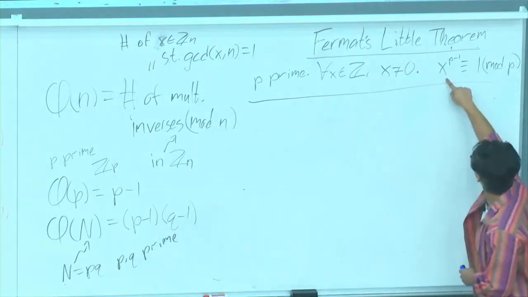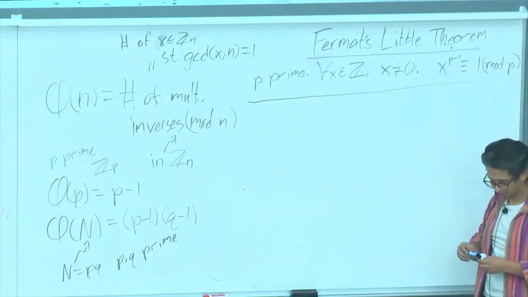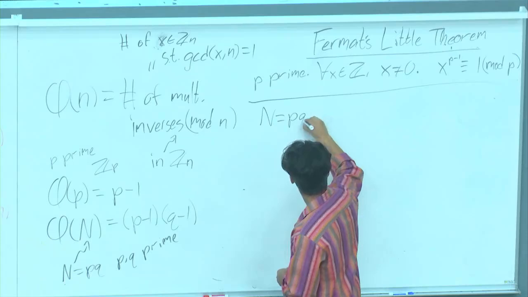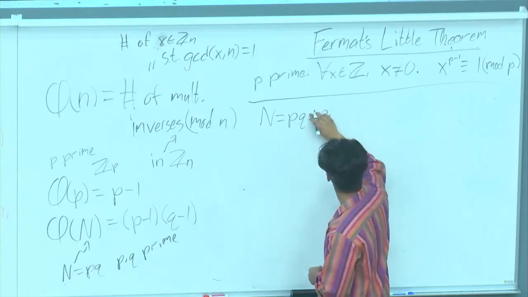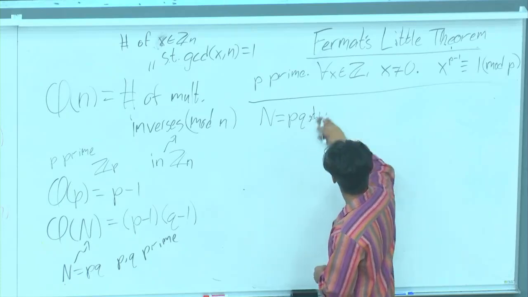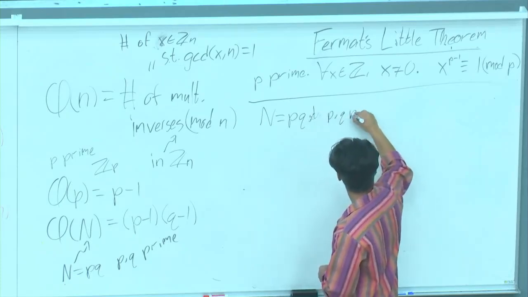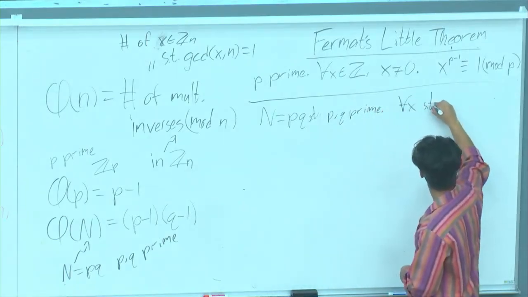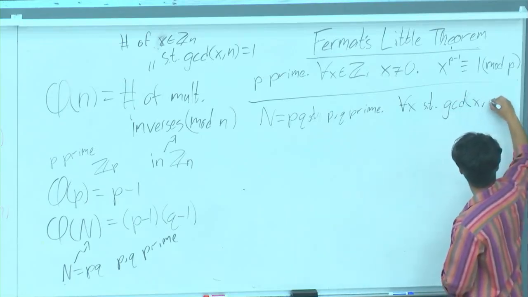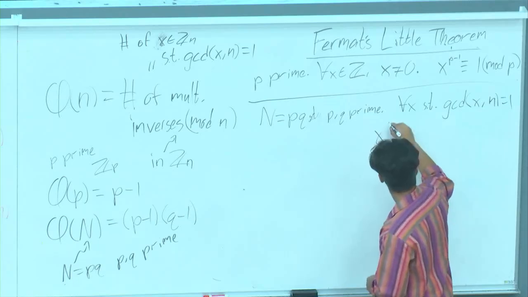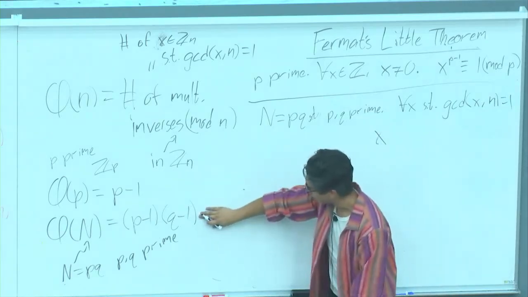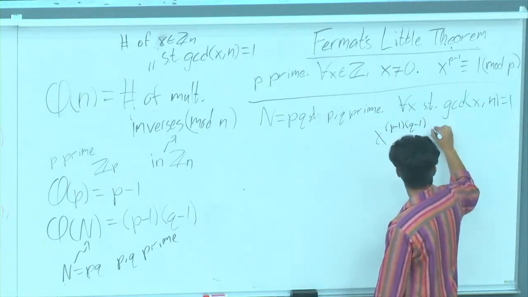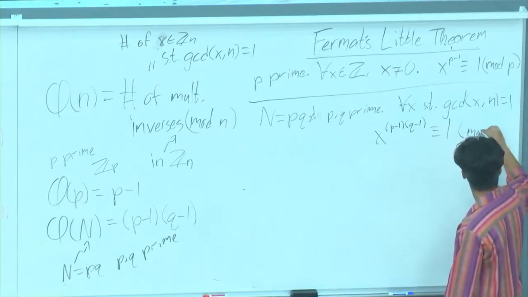Another special case is if n is equal to p times q, for p and q prime, then for all x such that the greatest common divisor of x and n is equal to 1, x to the phi of n, which is x to the (p minus 1) times (q minus 1), is congruent to 1 mod p.